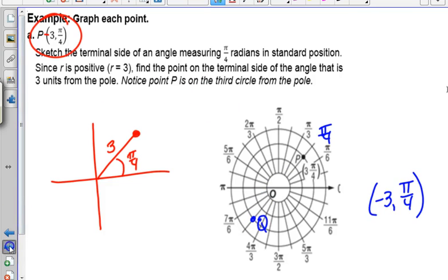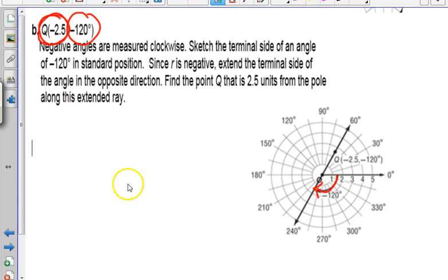So, on this question, they double whammied us. They said go backwards 120 degrees, and then don't go out 2.5, but go back 2.5. Okay, so it wound up over here in what we would have normally considered the first quadrant. There aren't really quadrants because there's circles, right?